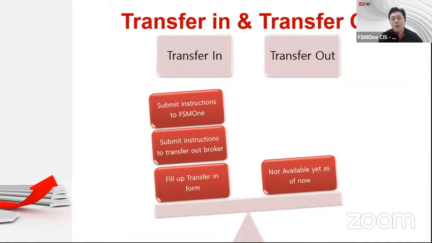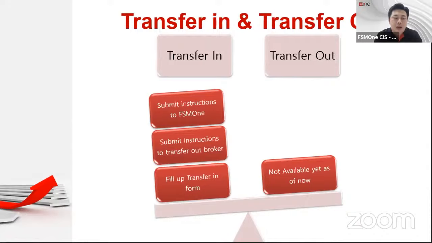Another piece of good news is that we do allow investors to transfer in US and Hong Kong stocks and ETFs from another platform, including overseas platforms. The process is that you must submit an email instruction to our company, and you must submit an email instruction to your existing broker as well, to mention that you would like to transfer your holding to FSMOne.